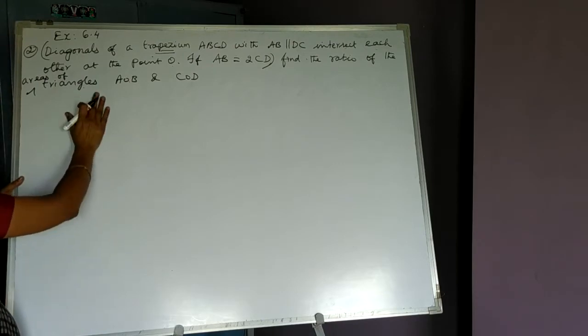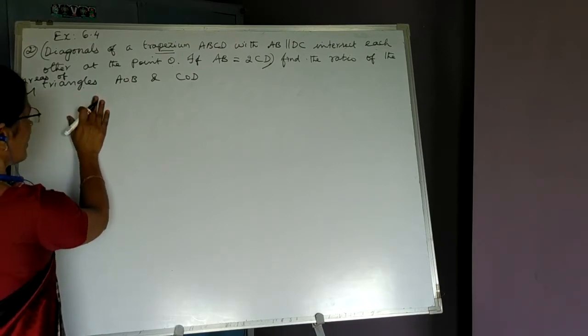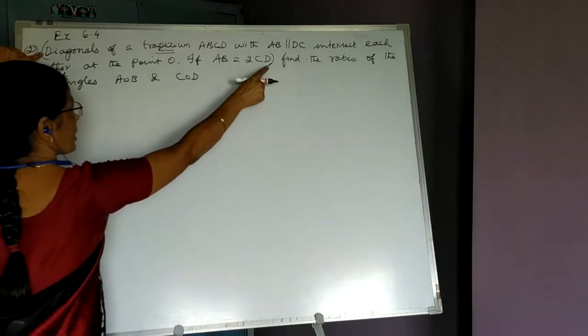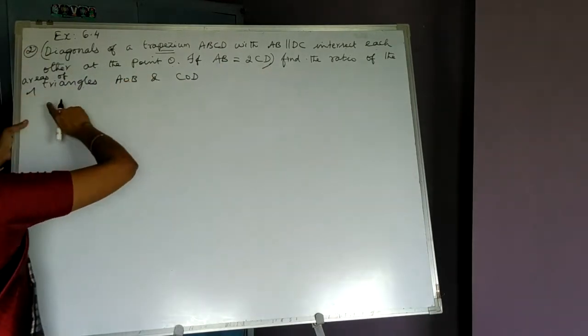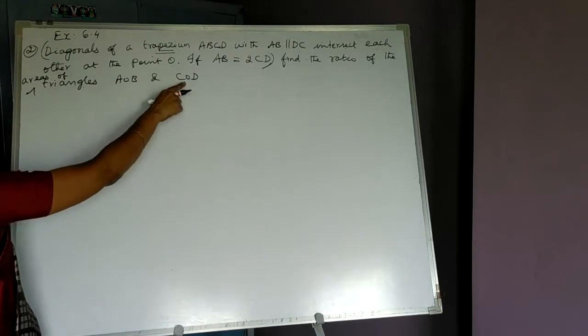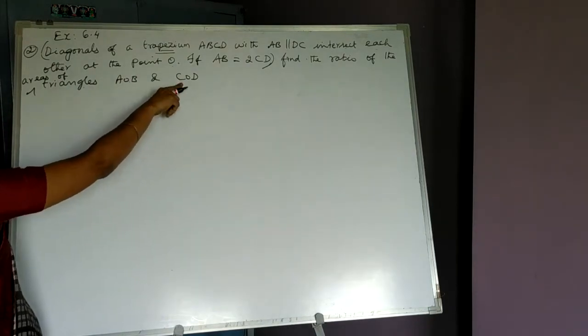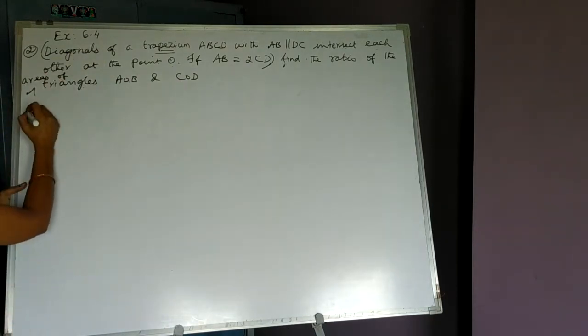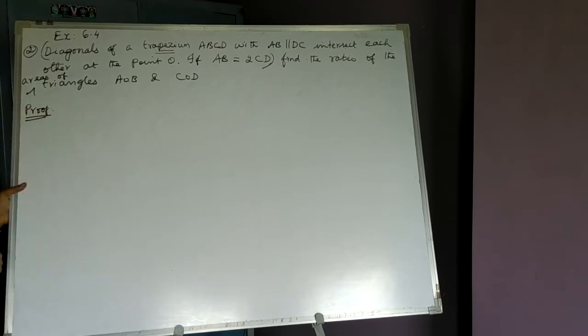So we know how to write. Remember, in all prove questions, we should write what is given and what is to be proved. Here, this is given. What is to be proved? Ratio of AOB upon COD we have to find out. So I start with the proof, thinking that you will complete given and to prove.